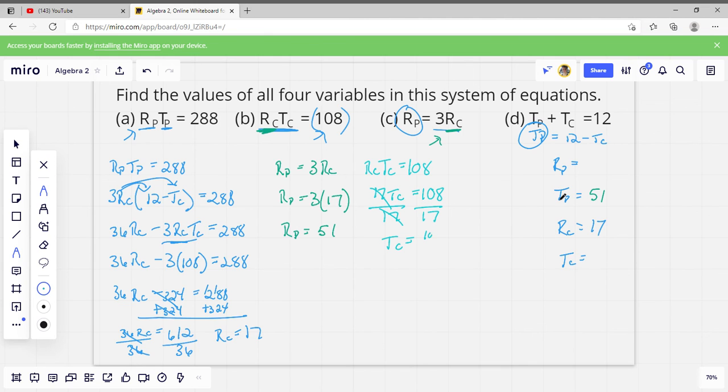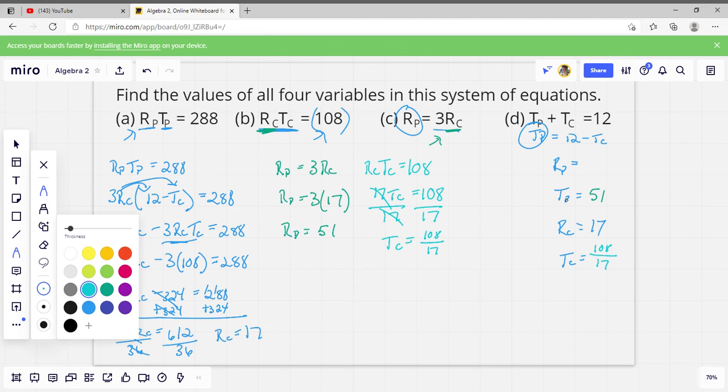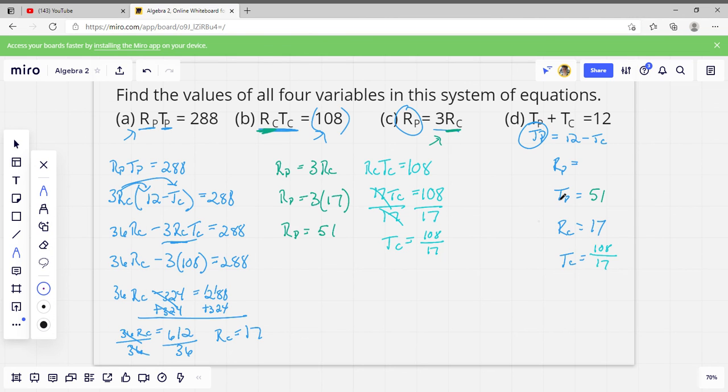The answer key just has 108 over 17. That doesn't come out evenly, and you can just leave it like that. If you've got a decimal, that's perfectly fine as well. I'll take that. And then the last one is TP, with RP times TP equals 288.